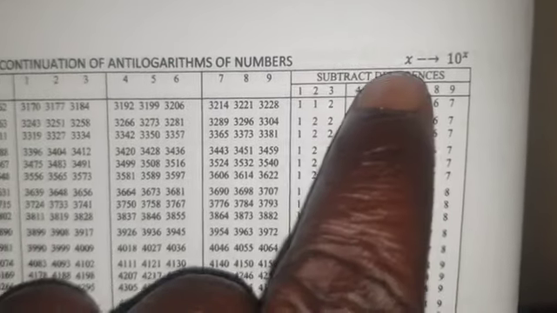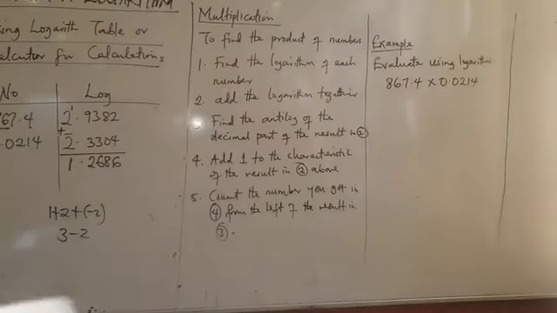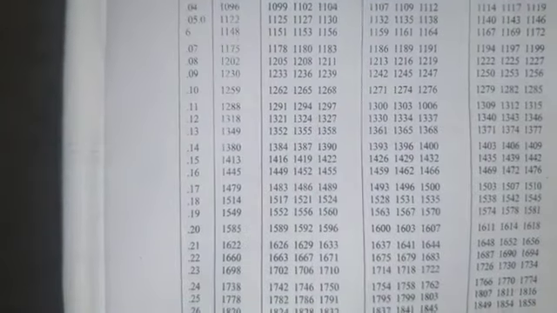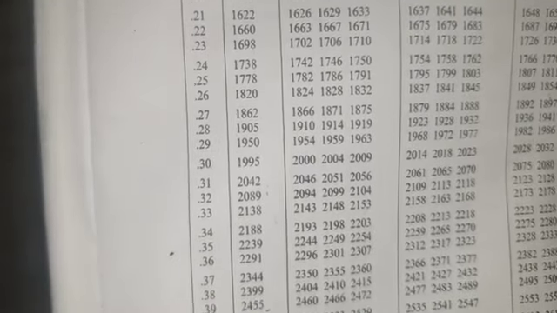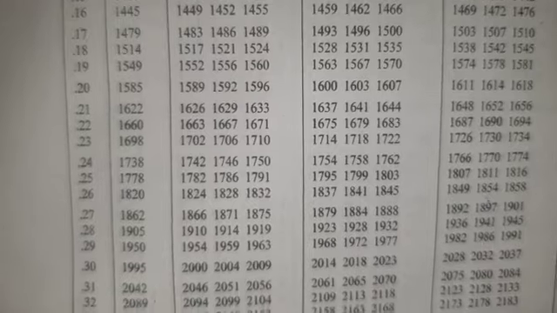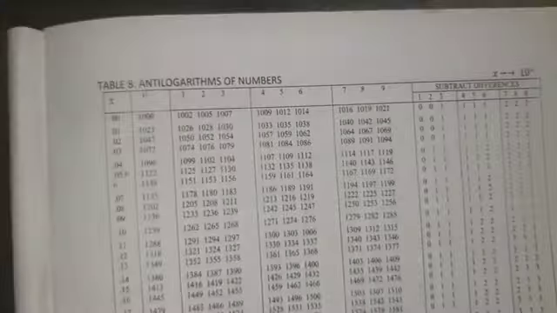So forget about the subtract that is written here. We're not using subtract, we're adding, right? So what we're going to do now, we check 26 under 8. 0.26 under 8, as you can see, 0.26 is there. This is 26 here, under 8.